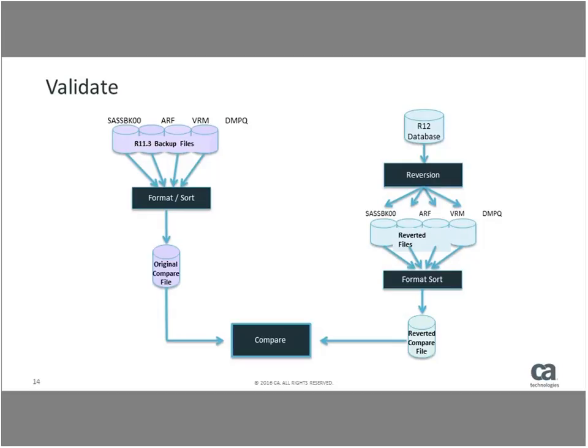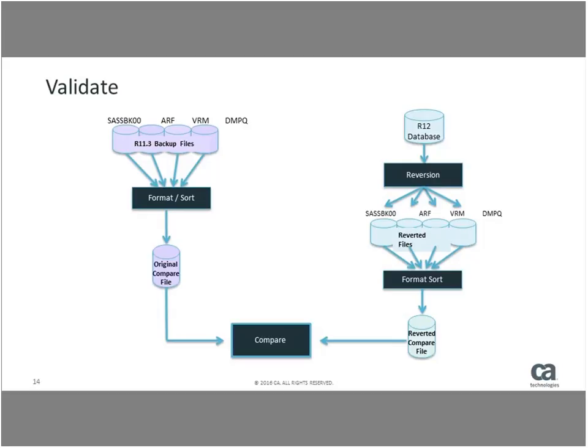And by that I mean, I've had one case where an old network, I don't know if any of you are familiar with the networks in CA7, setting them up, didn't get into the new R12 database. It was in the 11.3.